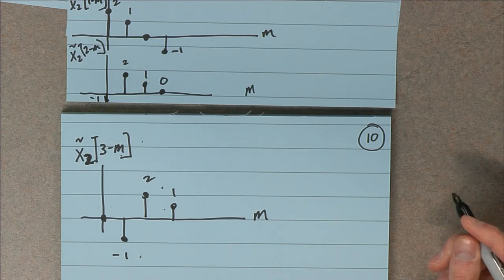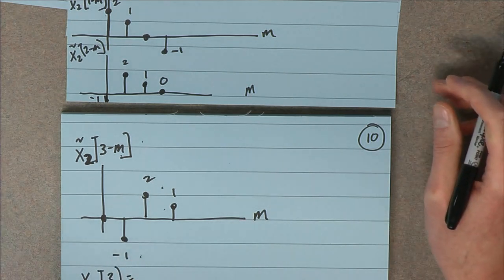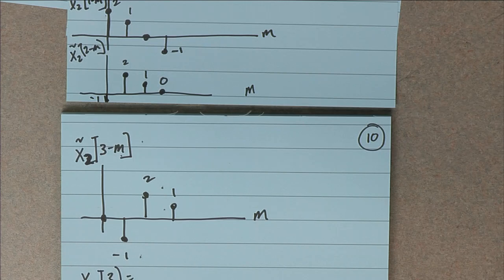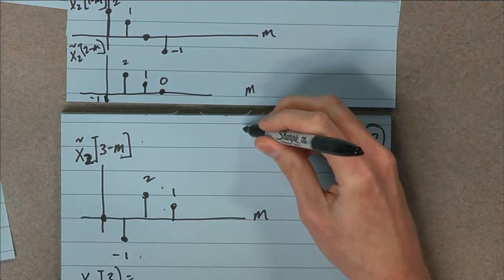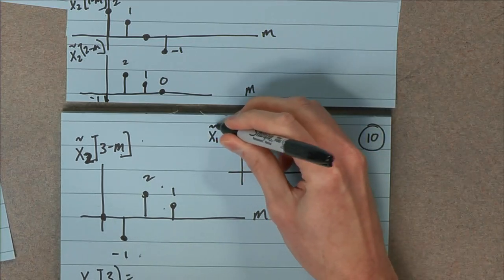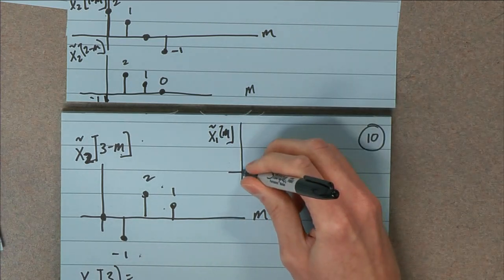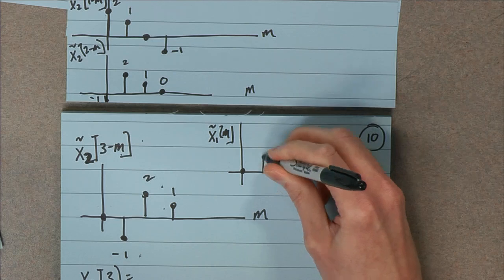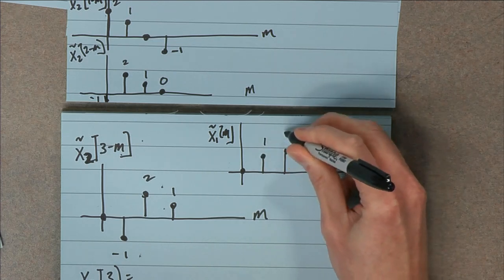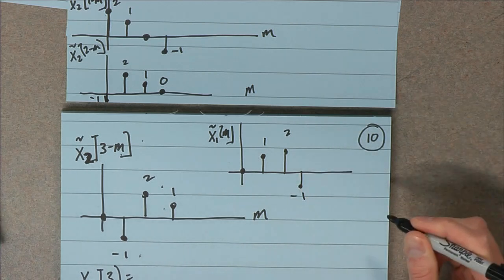So now if we were going to calculate x2 of 3, we could simply go back up to our original sequence of x1 of m, which might be easy to just redraw here so it's all on one page for completeness. That's also 0, 1, 2, minus 1.